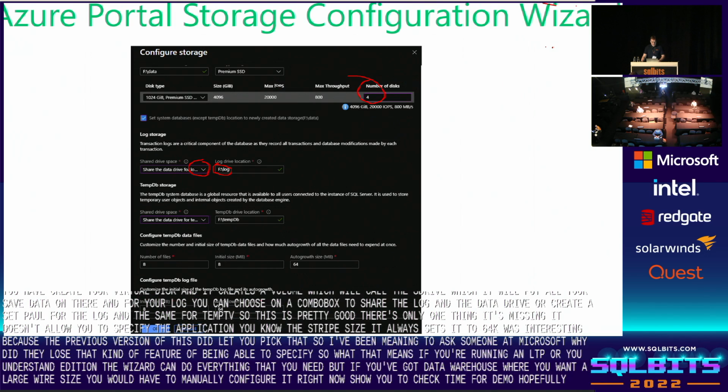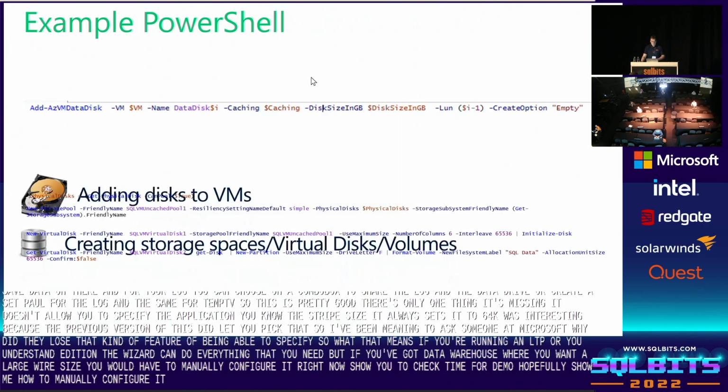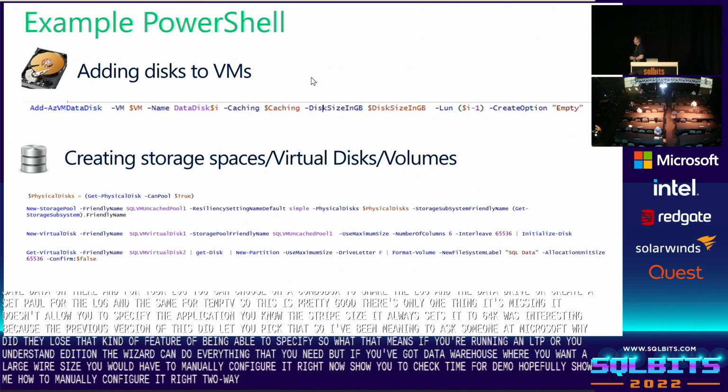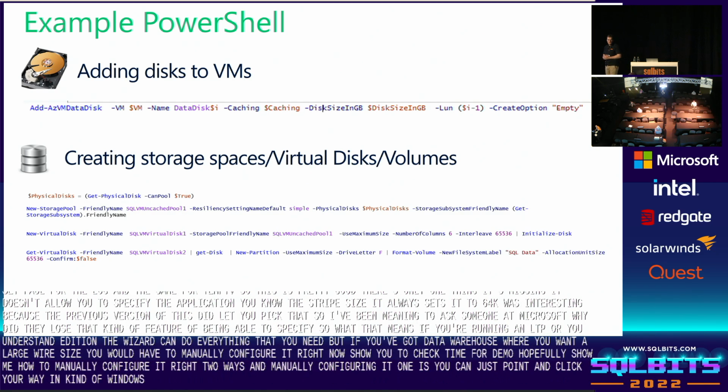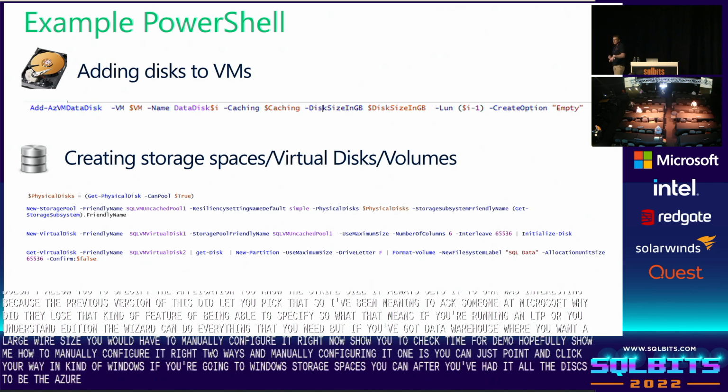I'll show you how to manually configure it. There are 2 ways of doing so. One is you can just point and click your way through Windows. After you've added all the disks via the Azure portal, you can go into storage spaces, create a storage pool, create a virtual disk, and then add volumes to that.